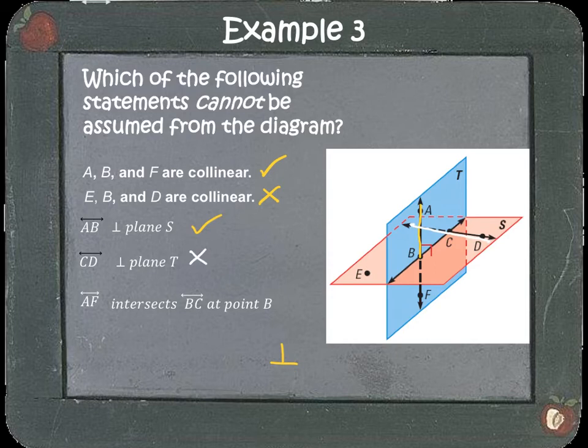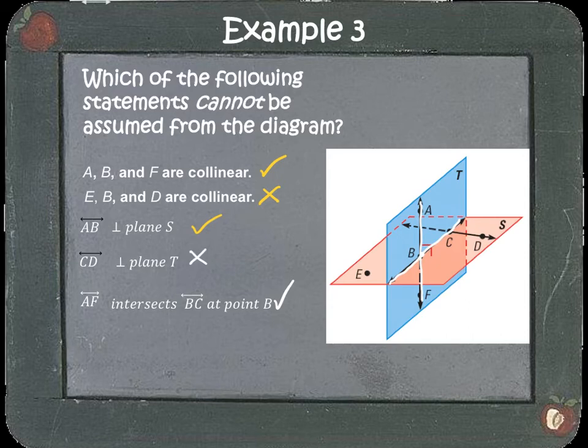And then AF intersects BC at point B. So let's find AF. Let me erase some of this. So AF is here, and it says it intersects BC at point B, and we can assume that.